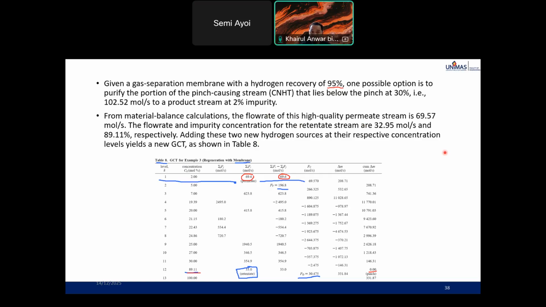There is no 96.6. Oh, the one is 69.6. So this value is the same as this value. Oh yes, right.